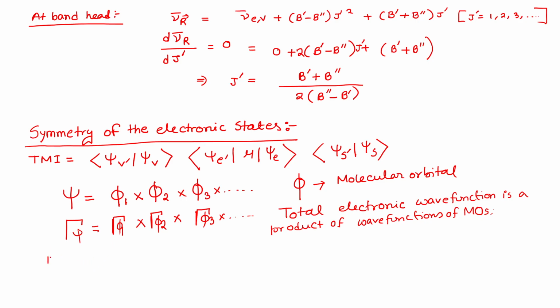So let me write that down. Doubly occupied MO. Suppose all the MOs are doubly occupied, there is no HOMO with unpaired electrons, then that is totally symmetric.